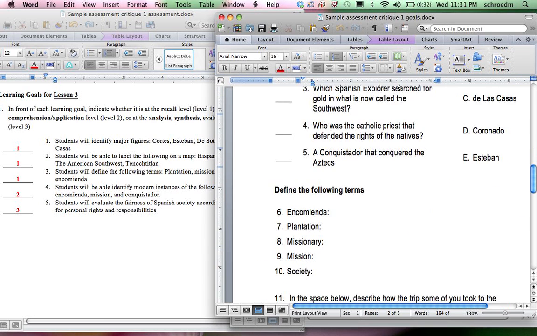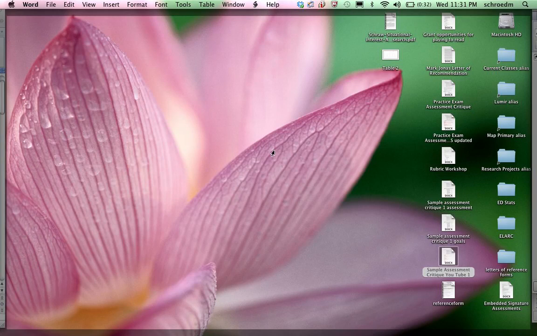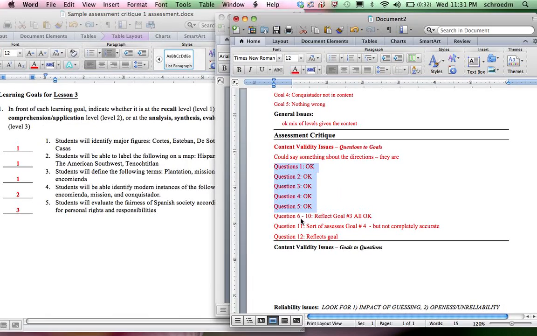Now, when I'm looking at questions 6 through 10, I'm just asking the students to define the following terms. When I look at my goals, they are the ones that I want them to define, so it's a perfect match. So what I would do is write that questions 6 through 10 refer to goal number 3, and they're all okay.